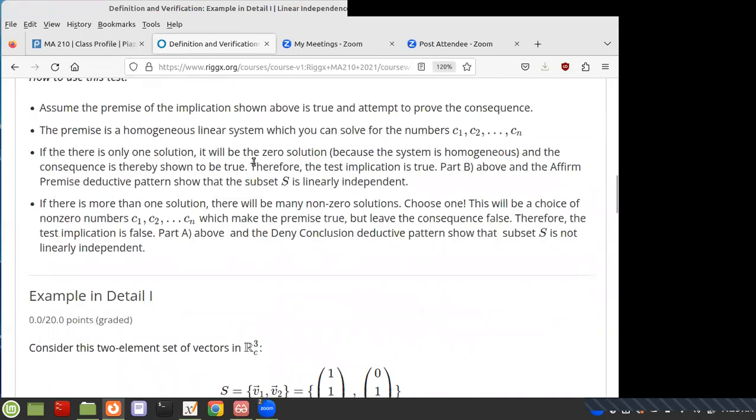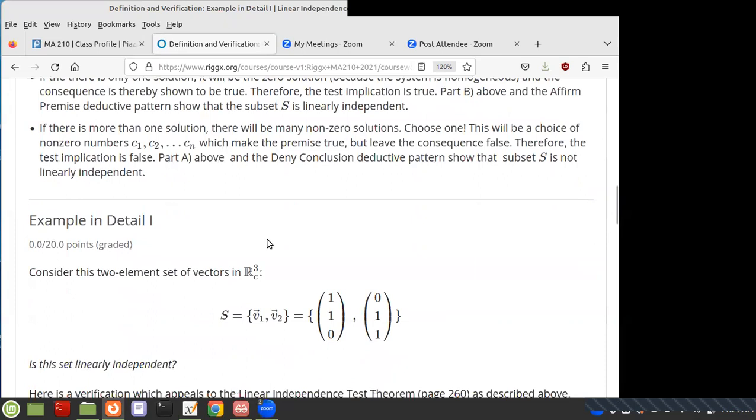Okay, if there's one solution, it will be the 0 solution, and they're linearly independent. If there's more than one solution, there are many non-zero solutions. Choose one. That's our counterexample. There'll be a choice of non-zero numbers which makes the premise true but leaves the consequence false. Therefore, the test implication is false, and you know that then the subset is linearly dependent.